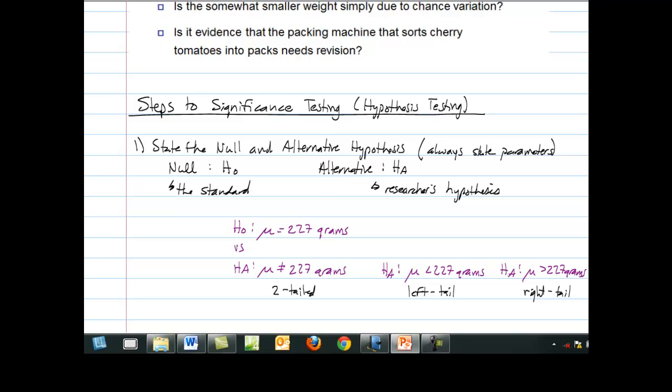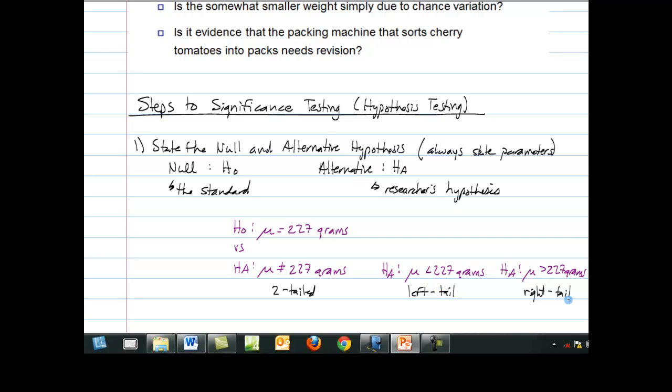Now we've already talked a little bit about the one-sided and the two-sided alternatives. We talked about the two-tail or the two-sided, the left tail and the right tail. Now what determines the choices of a one-sided versus two-sided test is the question we're asking and what we know about the problem before the test. So for instance, if I'm a consumer, I might think, you know what, I think they're underfilling these tomatoes, so I might want to show that it's actually less than advertised.